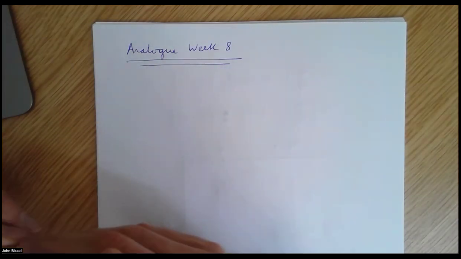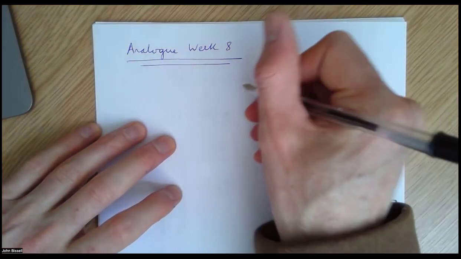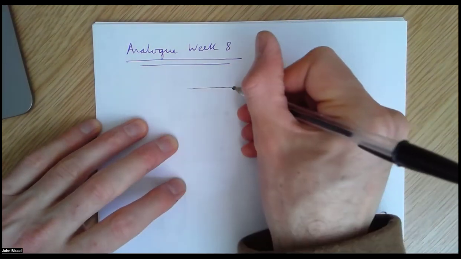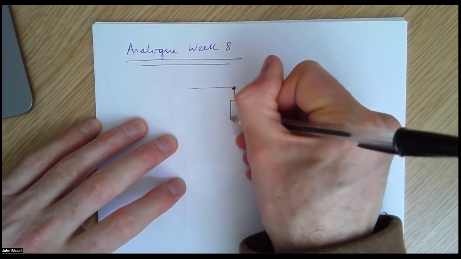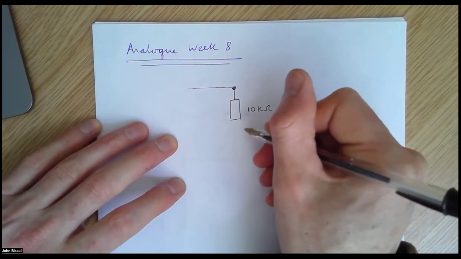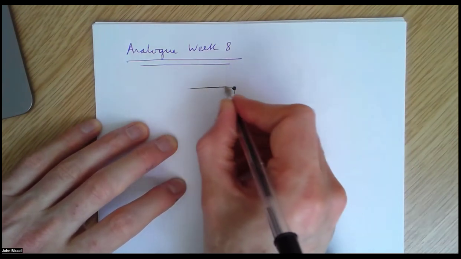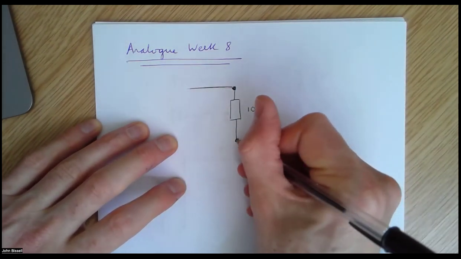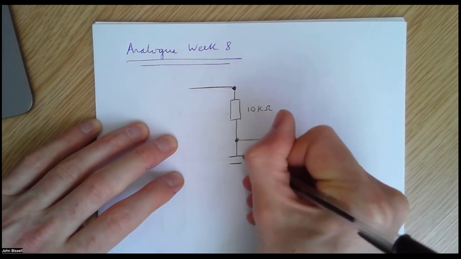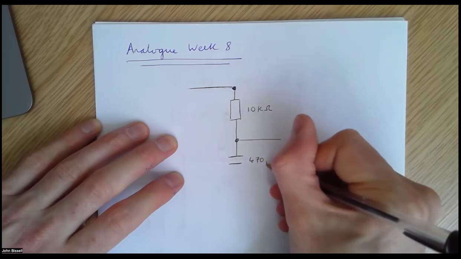We've got an input voltage and output voltage system, and I'm going to draw it like this because I find this a nicer way of visualizing it. So we've got a 10 kilo ohm resistor, and then some kind of junction, and then the 10 kilo ohm resistor goes to a capacitor, which in this case is 470 picofarads.